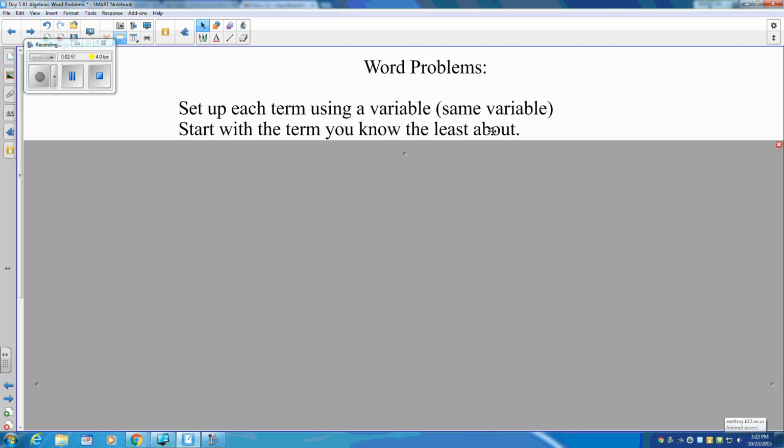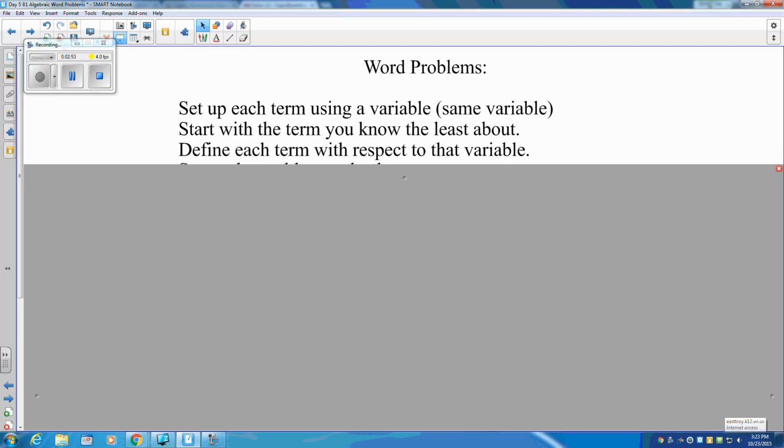Once we've established that term with the variable, we are going to define the other terms with respect to that variable. For example, if it was 5 more than it, we'd take n plus 5. If it was 3 less than it, then we'd take n minus 3. If it was 3 times as much, we'd take 3 times n. So it depends on what they tell you about the other terms.